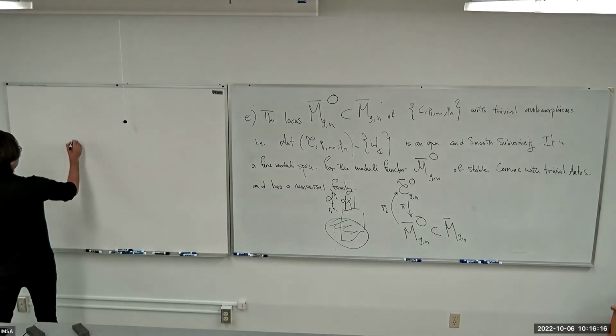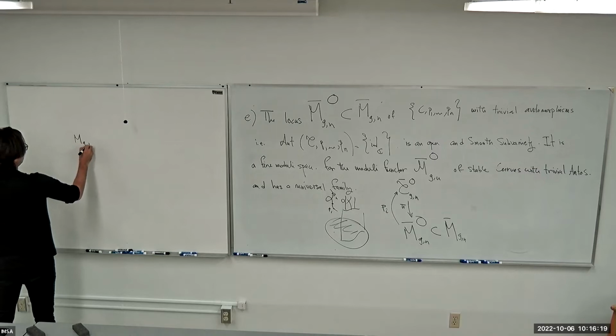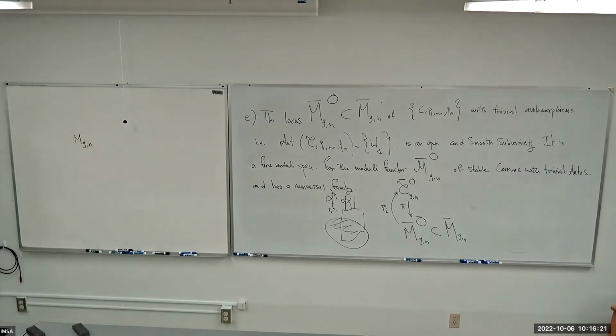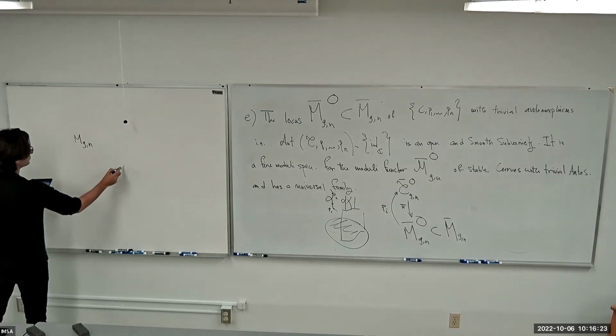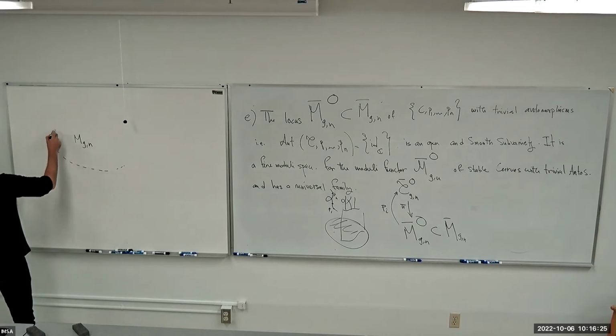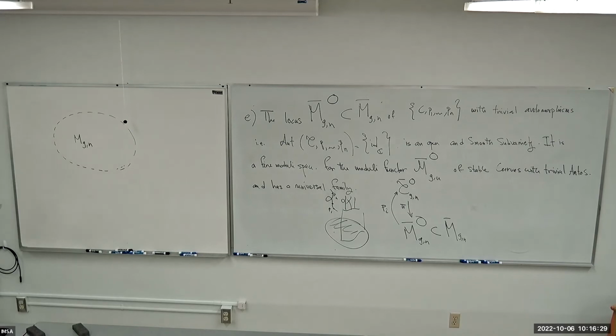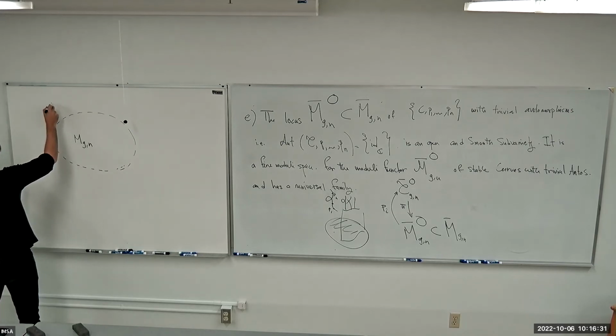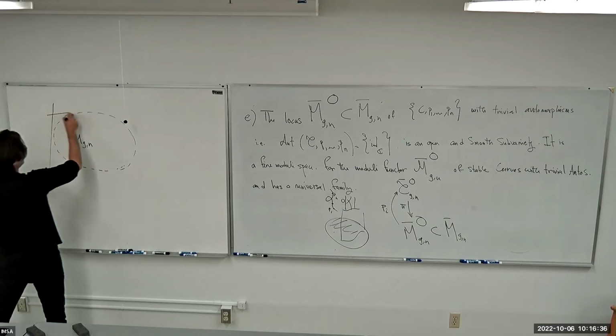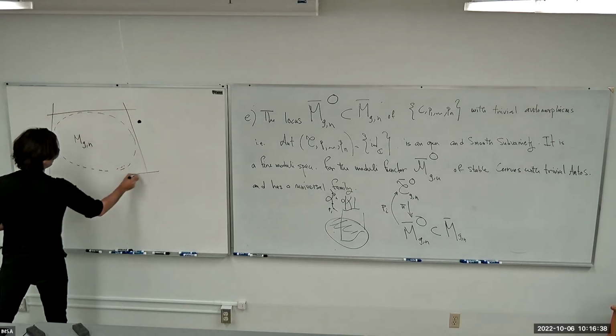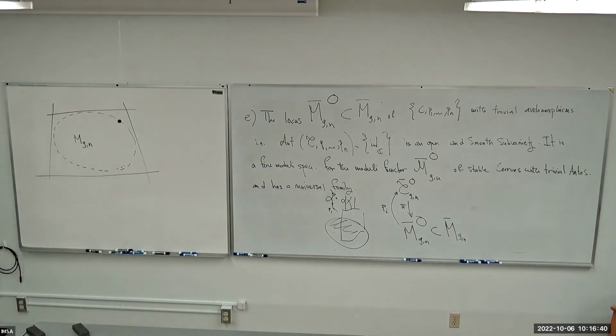So here is the open dense locus that parameterizes smooth curves of genus g with n marked points. And then the compactification gives you a boundary for these things.